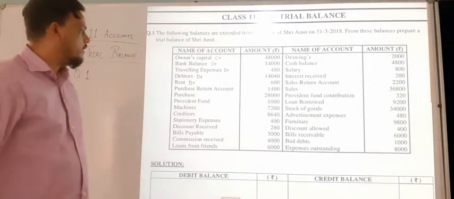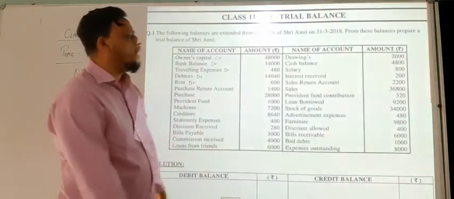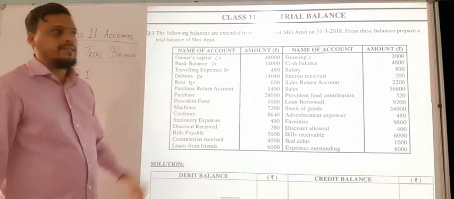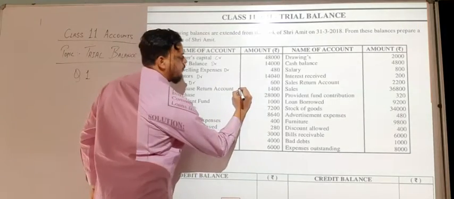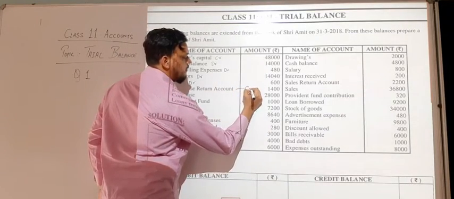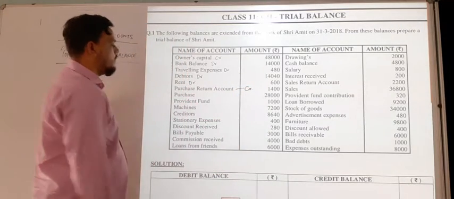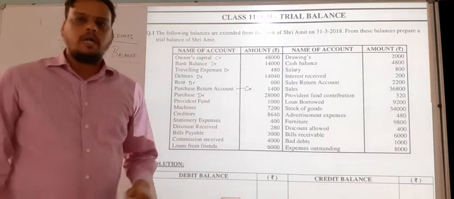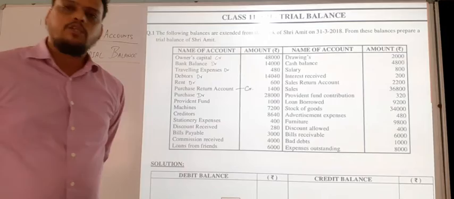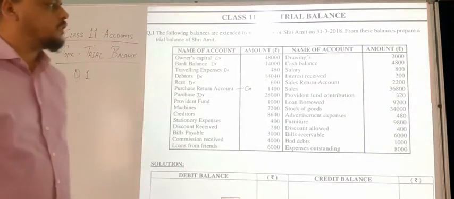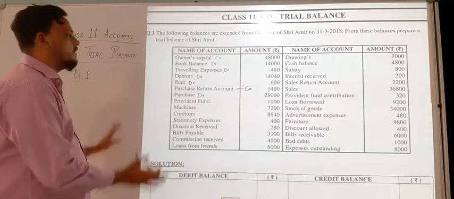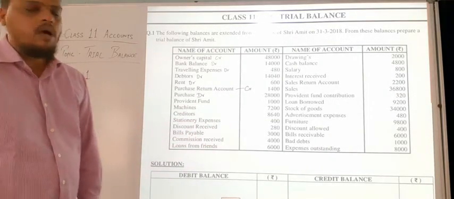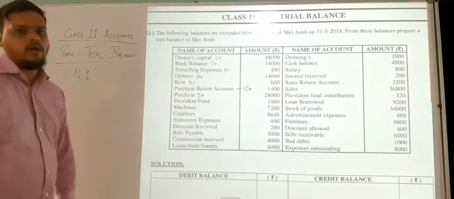Now, next title is purchase return account. As you know, purchase is part of debit, but purchase return is part of credit. So I am writing here credit. The titles which are mentioned in the question have to be written accordingly. You need to identify the account, that's it, and then we have to transfer accordingly: debit, credit, debit, credit. Now, next is provident fund.